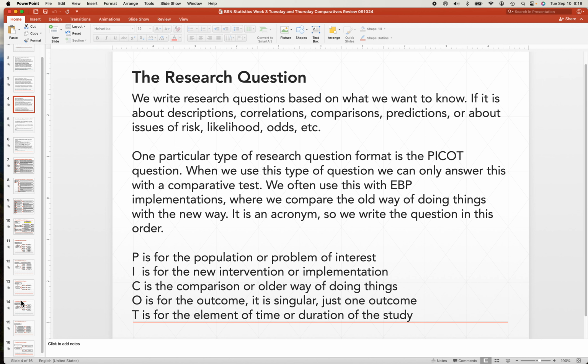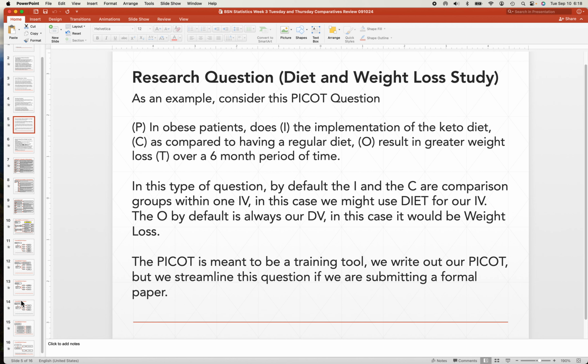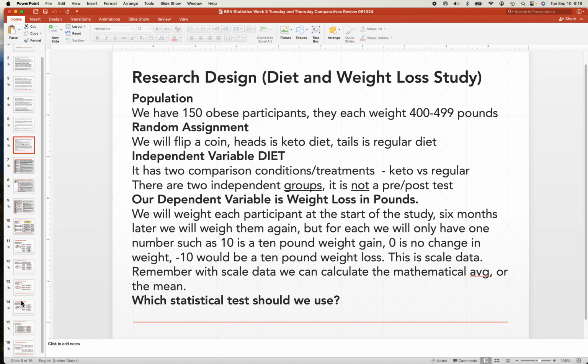Given our PICO question, we would go out and have our study of 150 obese patients. We would put half of them in a group with a keto diet, half in a regular diet. After 6 months, we'd weigh them, we'd record their pounds lost. So for each group, we'd have one number per patient or participant.